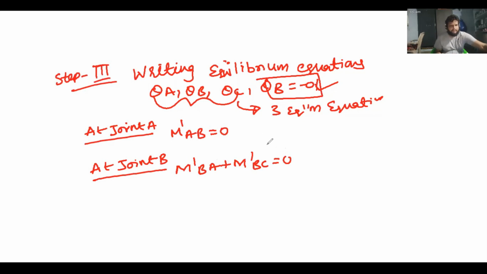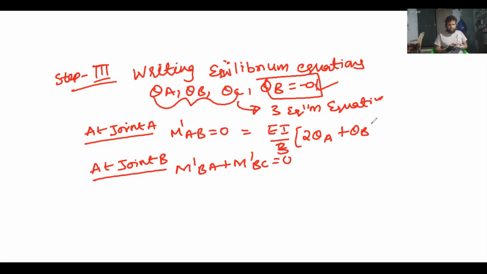Okay, let me write the equations. What is M dash AB? M dash AB equal to 2EI by 3, that is EI by 3, into 2 theta A plus theta B, minus 3 delta by L, right?